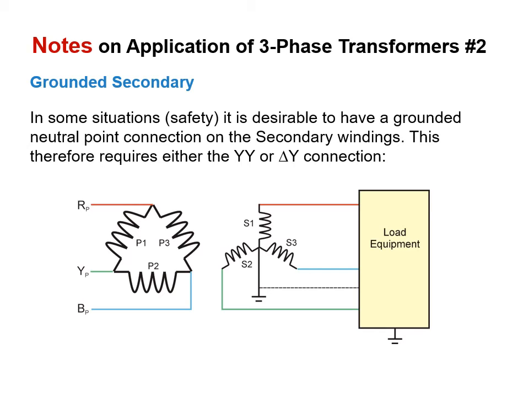If that's the case, we'll want either a YY, a star-star configuration, or a delta-star configuration of transformer. These are for safety reasons, so that the load equipment is at the same potential as the neutral point of our transformer.